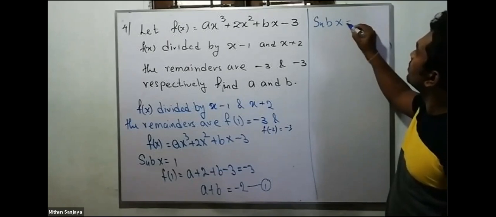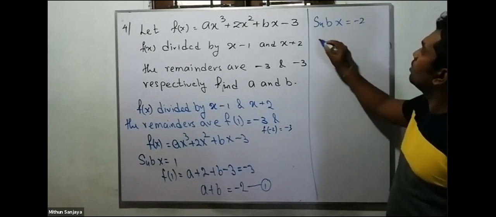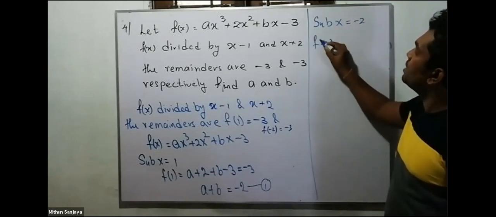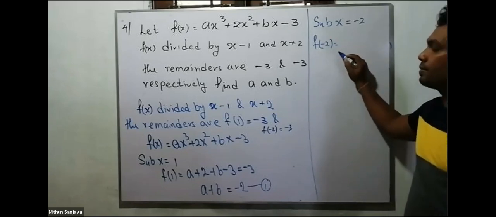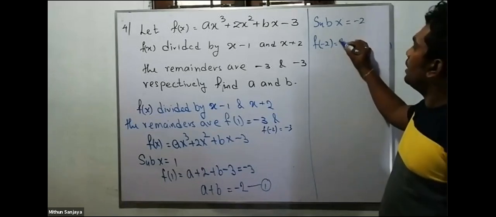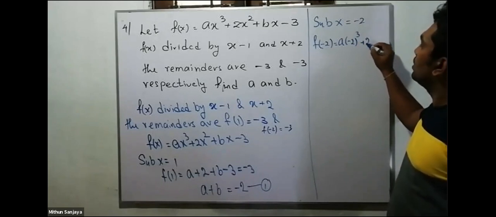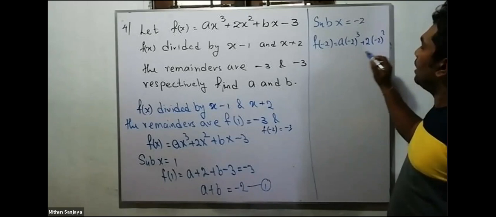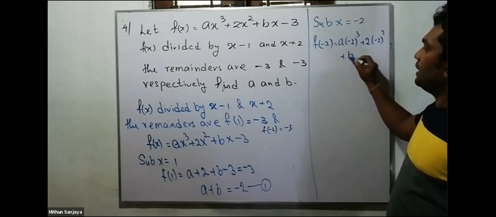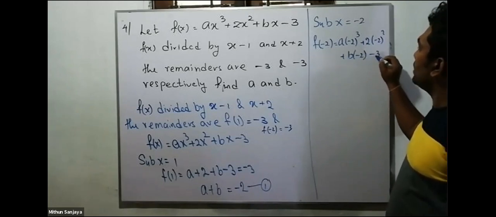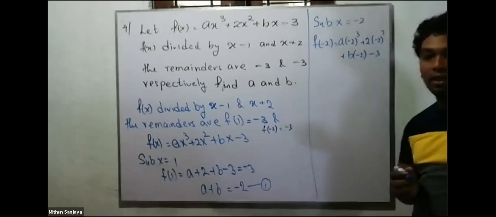So f minus 2 equal a times minus 2 cube plus 2 times minus 2 squared plus b times minus 2 minus 3.